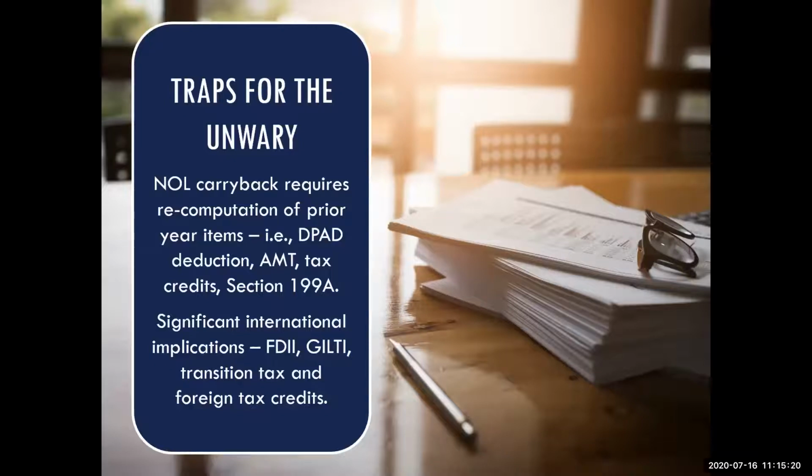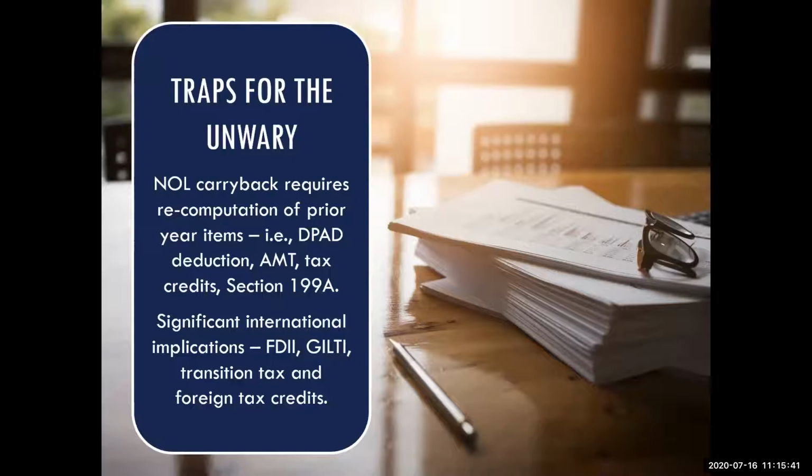And the other thing here is, similar to what we talked about in the bonus depreciation setting, there are certain assumptions as to what taxpayers are required to do and then what elections they can make not to. So for example, in the NOL space, you are required to carry a loss back unless you affirmatively elect to forego the carryback and roll it forward.